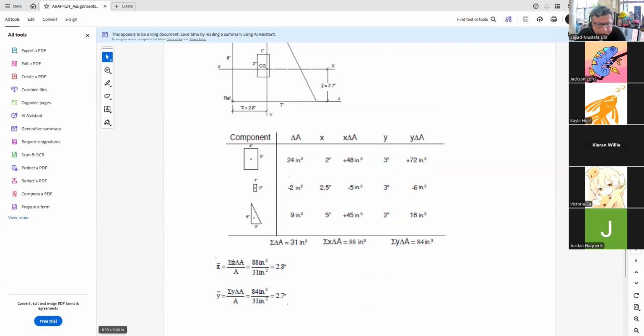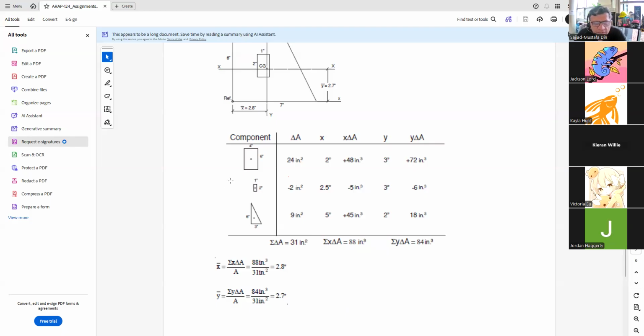So it's going to be x bar. What is x bar? It's the x coordinate for the centroid of the shape. Another thing I want to mention is, why is this negative here? It's negative because it's a void in this question.